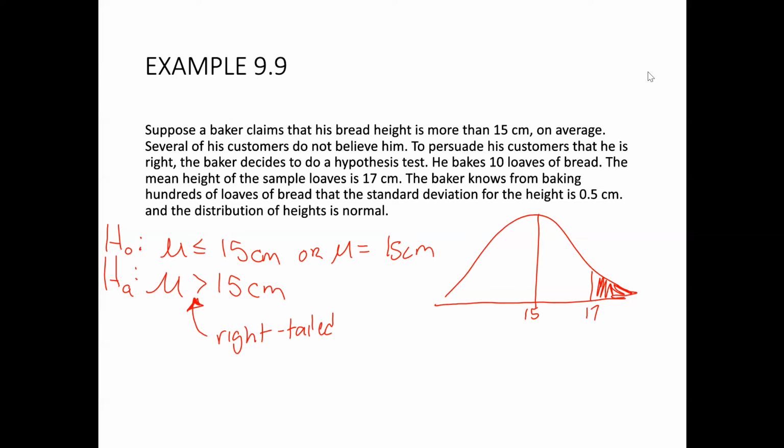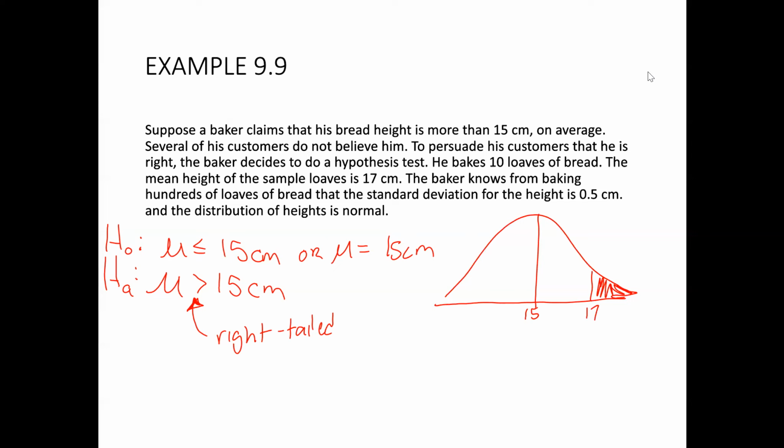So what's the probability of getting something as high as 17 if the average is really 15? Approximately 0.